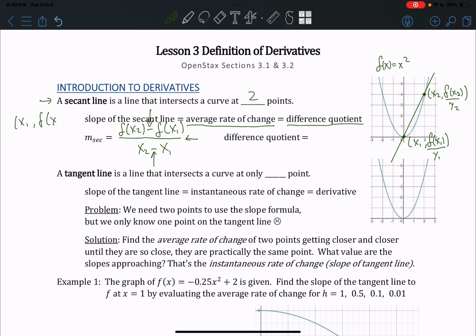So what we're going to do is to relate these, and instead of working with, say, x1 comma f of x1 and say x2 f of x2, the way I'm going to do this is to focus on x1 f of x1 and relate x2 based off of x1. Okay, so instead of saying, hey, look, x2 is just some random number, I want to put x2 as simply x1 plus h.